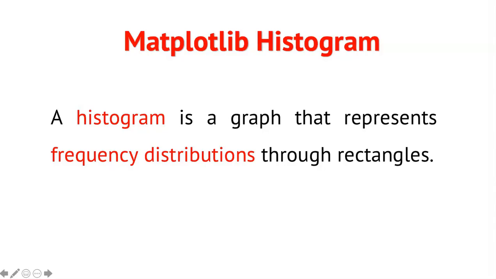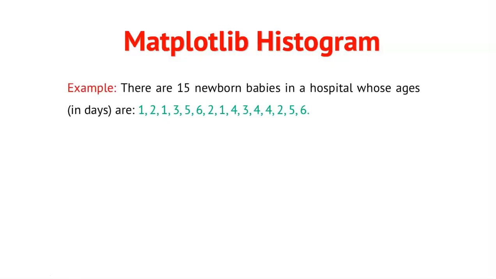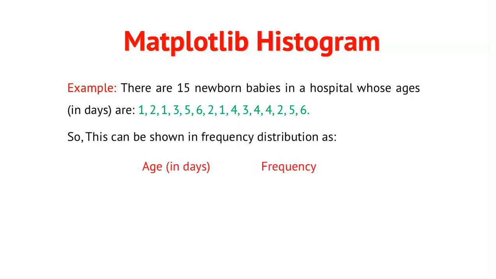Let's understand it through an example. Suppose there are 15 newborn babies in a hospital whose ages in days are given. This can be shown in frequency distribution as: at the age of 1 to 2 days, there are 6 newborn babies, therefore its frequency will be 6.